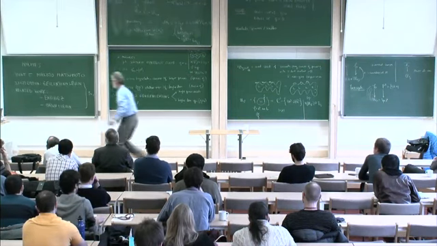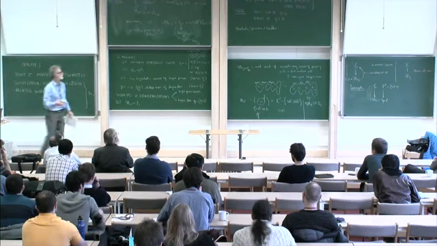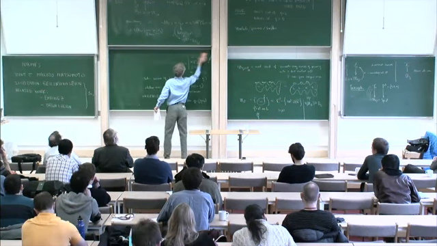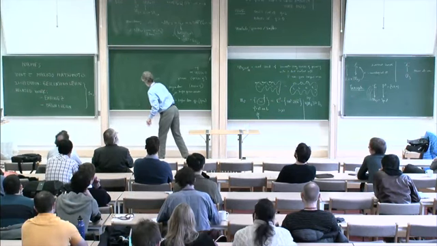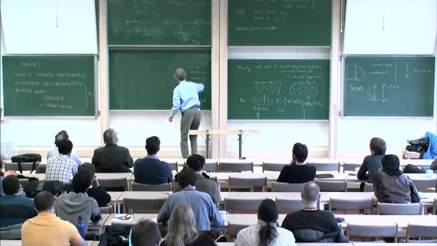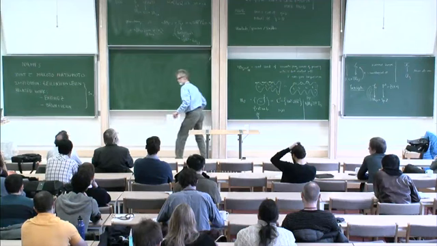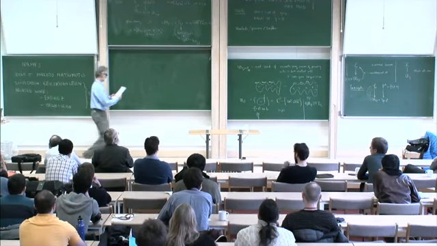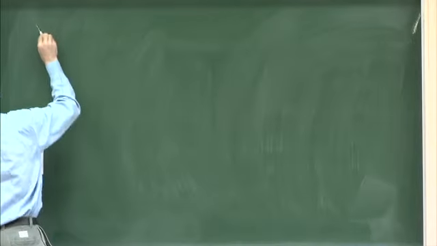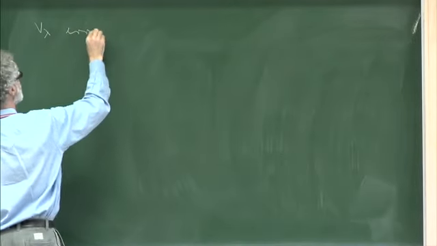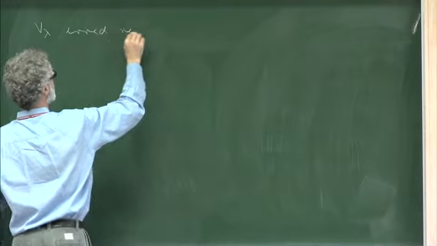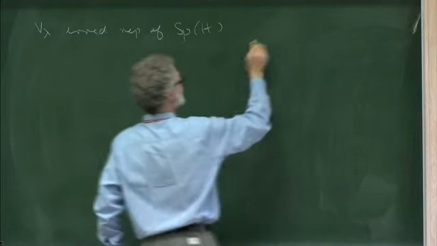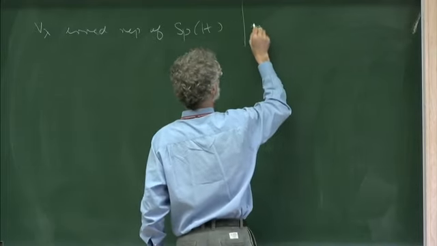So if V_lambda, say, is an irreducible representation of Sp(H), by the way, these correspond to partitions.